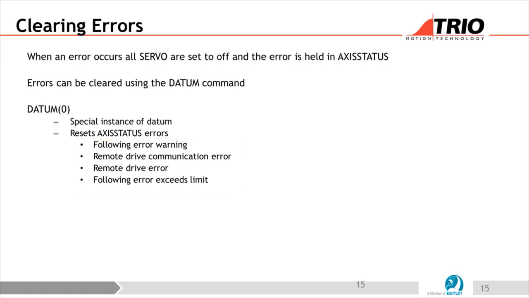Def pos, yes. Some people think datum 0 looks like it should be setting it to 0, but it's not. Def pos, defined position, is the one that sets it to 0. We can use 0 or any value for def pos. Yes, exactly. We can preset the axis.